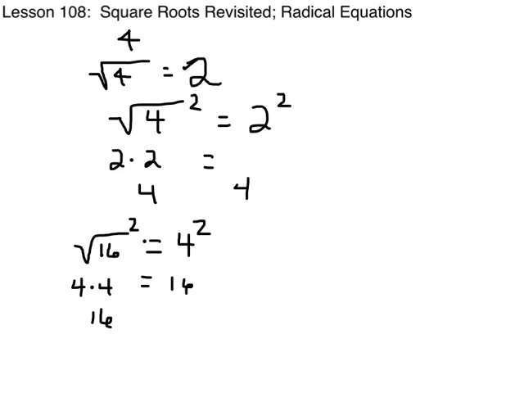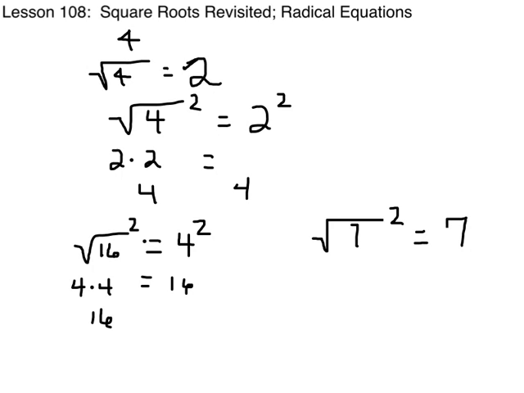So what I can see from this is that, by definition, x has to be greater than or equal to 0. But if I have the square root of 7, for instance, which doesn't have a perfect square root, and I square that, the answer is actually going to be 7.